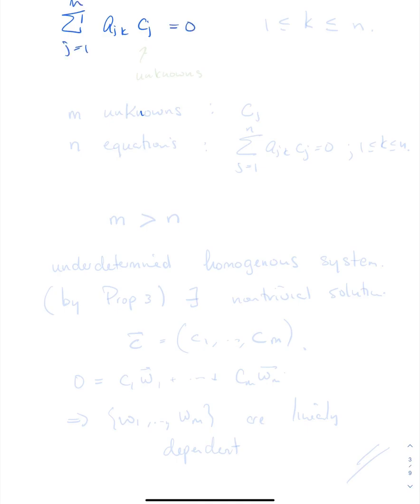How many of them do we have? Well, we have one for every k, so k goes from 1 to n. These are the coefficients of the V's. And so this is a system of equations where the Cj's are the unknowns. Remember, we're trying to figure out if the C's, the coefficients, are 0 or not, in order to tell whether the W's are linearly independent. So, how many unknowns do we have? We have m unknowns.